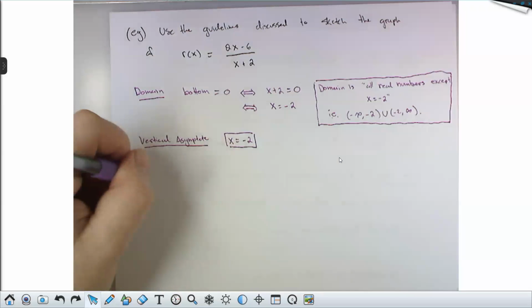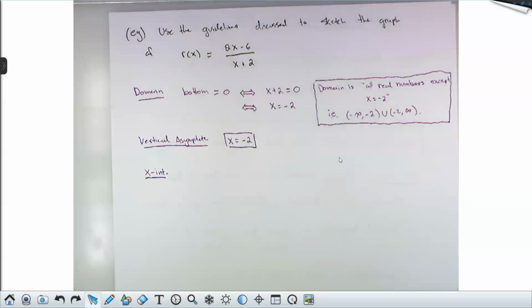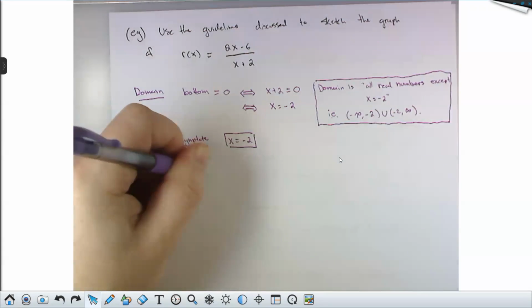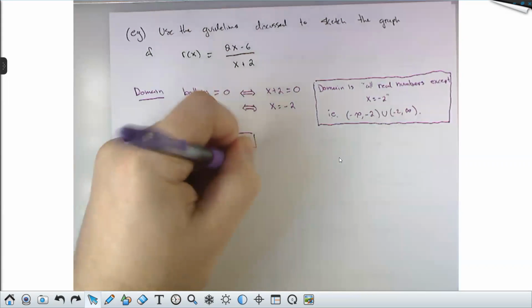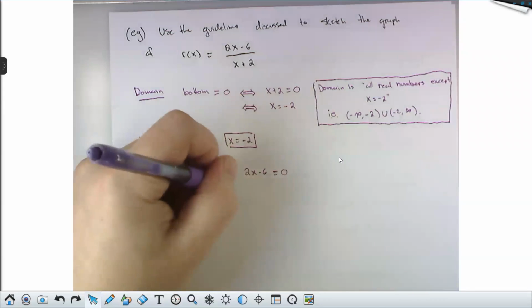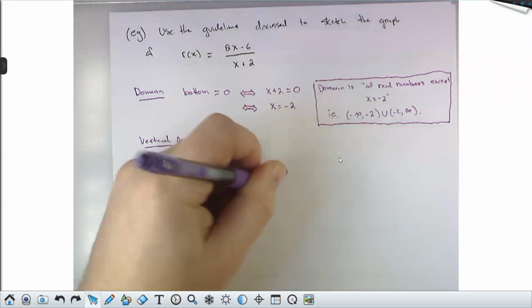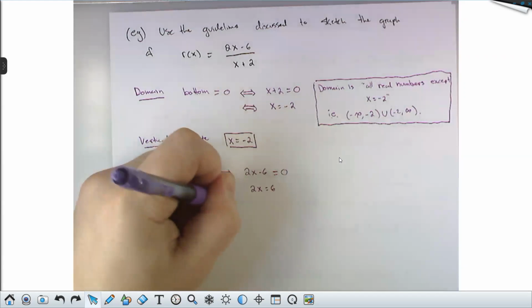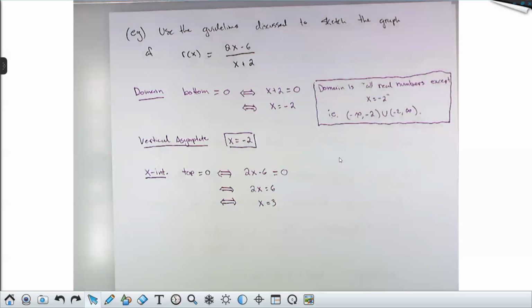We want to find our x-intercept and our y-intercept. X-intercepts come from setting the top equal to 0. So here that means we'll have 2x minus 6 equals 0. Adding 6 to both sides, you get 2x equals 6. And dividing both sides by 2, you get x equals 3.